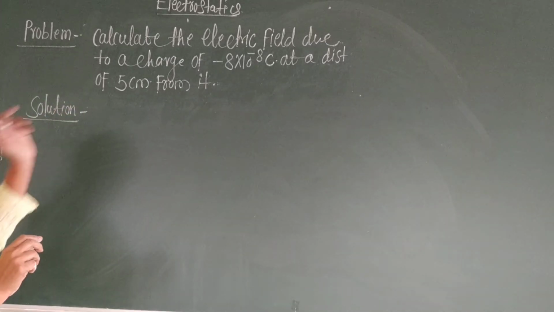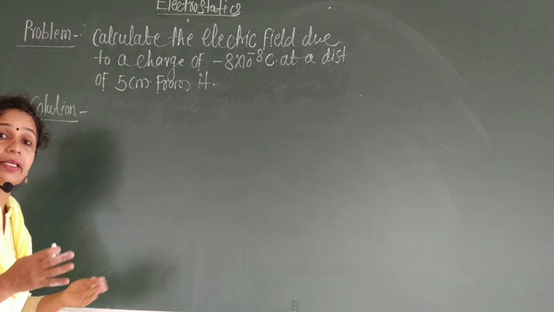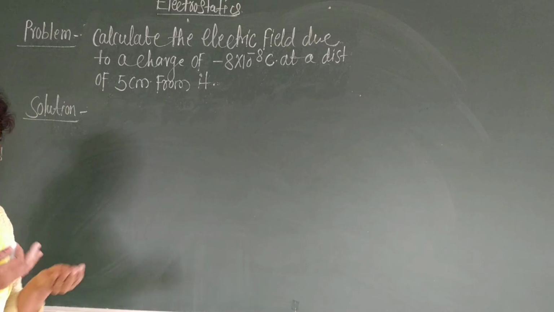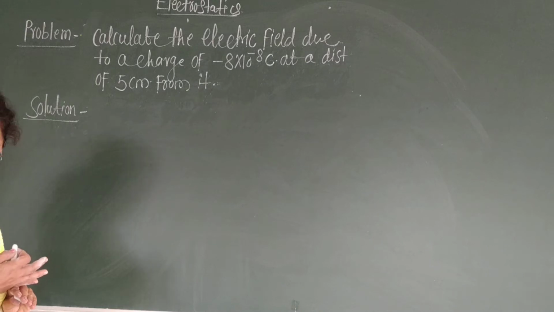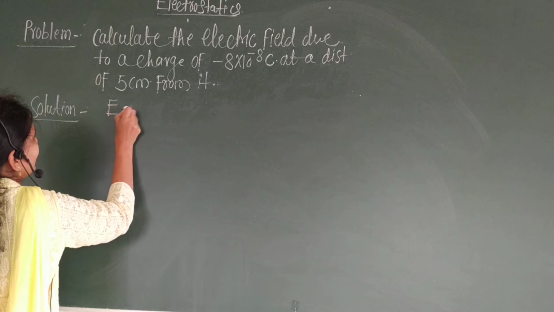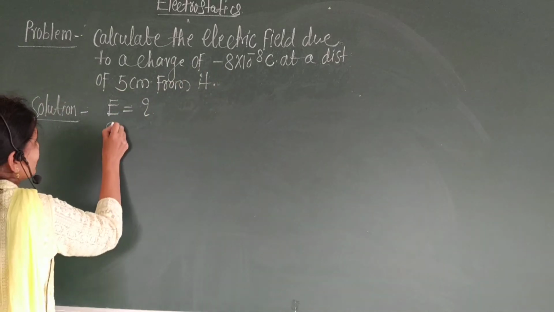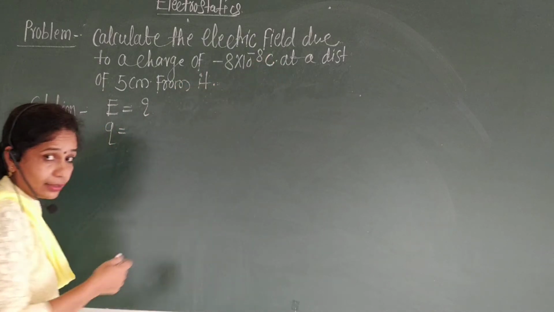Here we have to calculate the electric field or electric intensity. If the electric field is represented in vector quantity, then it is called as a electric intensity. Okay. Therefore, we have to find out the value of E here. Due to a charge of Q is given -8 into 10 raised to -8 coulomb.